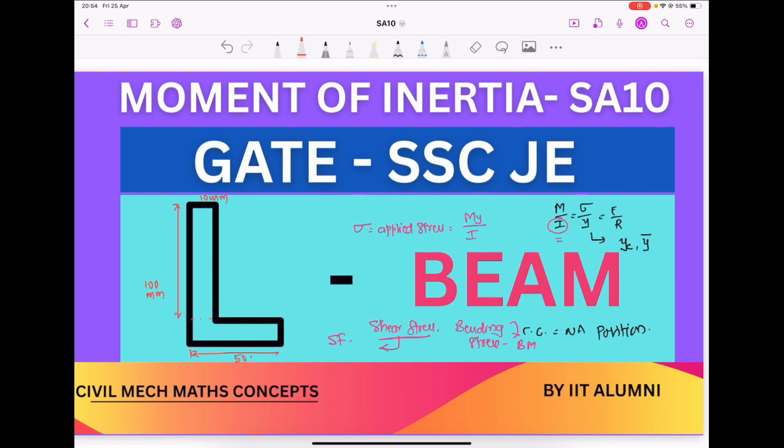Let us say both thicknesses are the same, 10 mm.